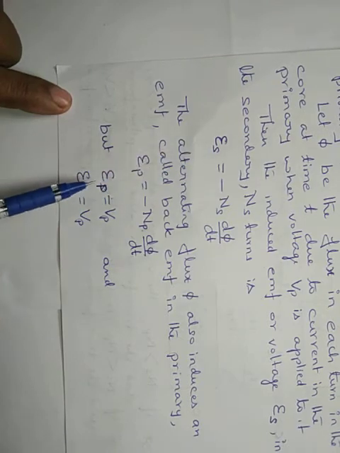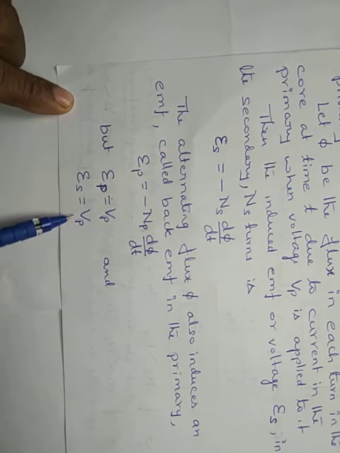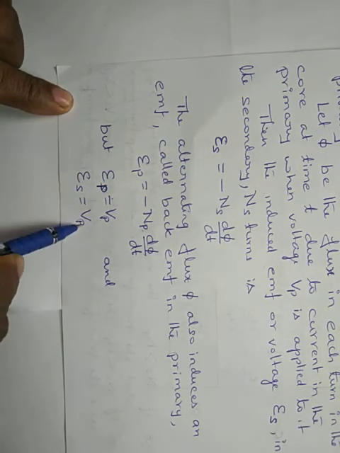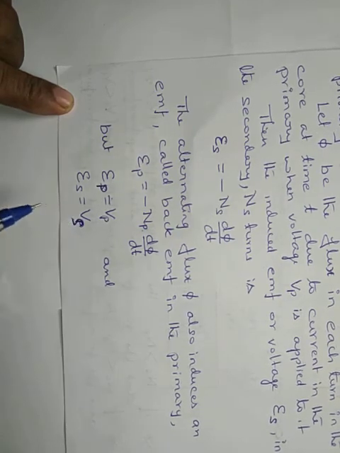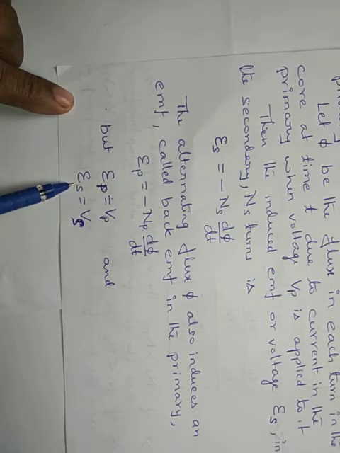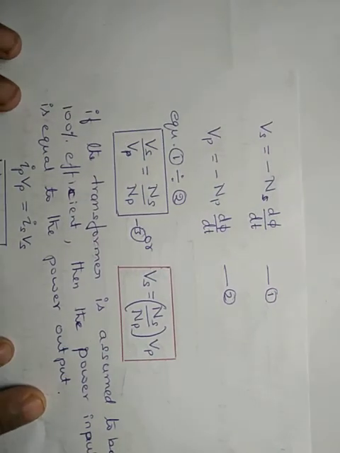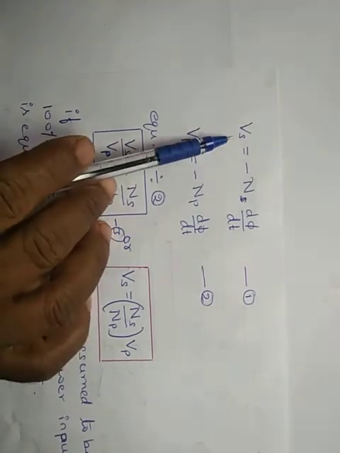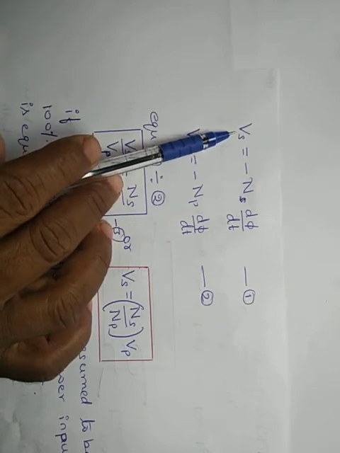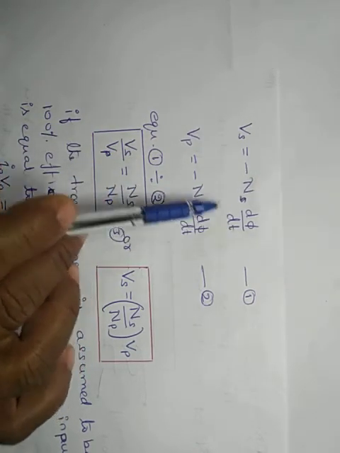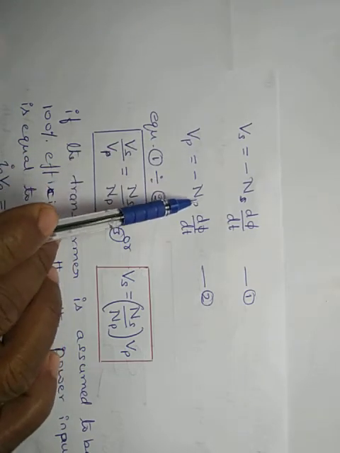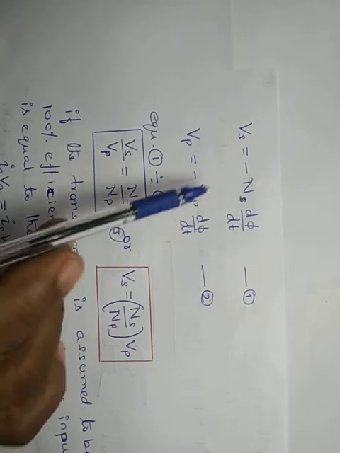So, induced EMF is nothing but the voltage across the primary as well as the secondary. Instead of Ep we can write Vp, instead of Es we can write Vs, so we can write the previous equations as Vs equal to minus Ns d phi by dt, Vp equal to minus Np d phi by dt.